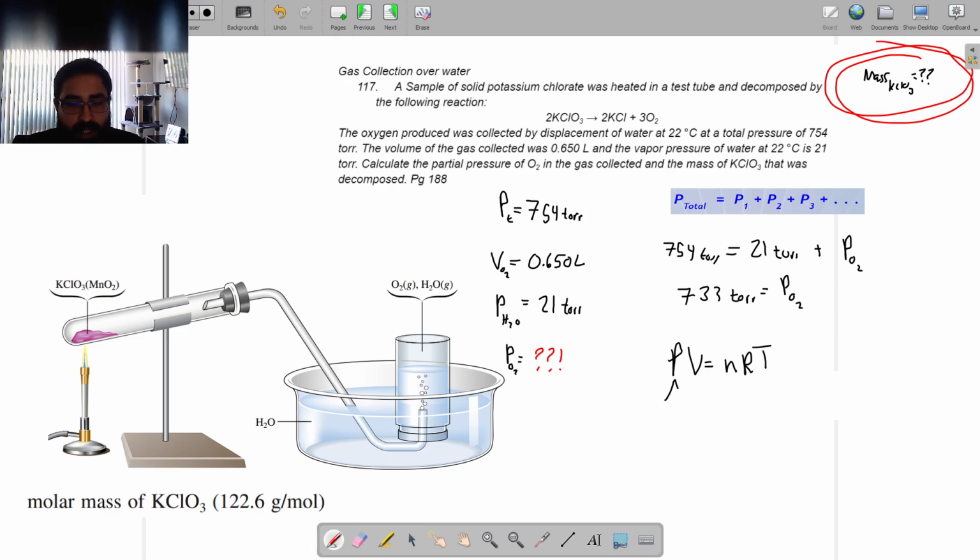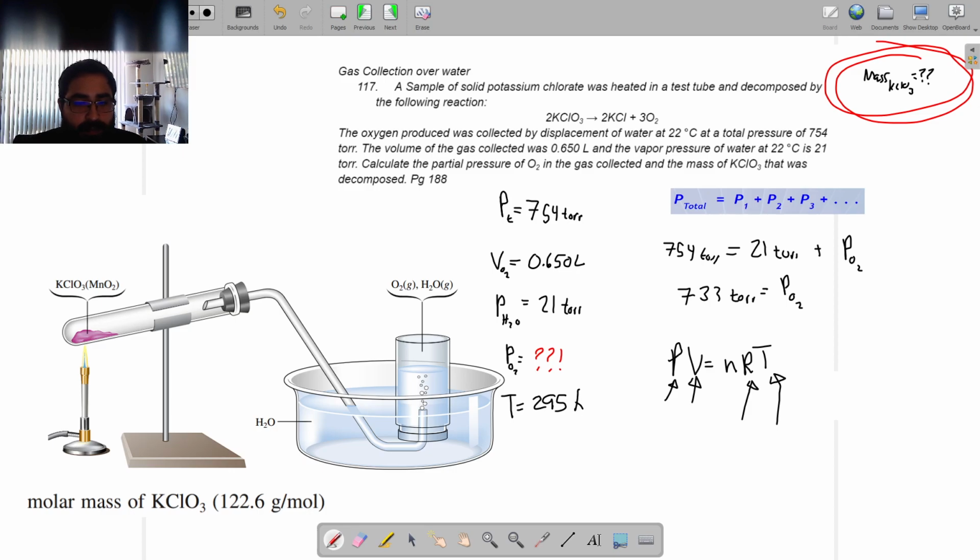We know the pressure of the O2, we know the volume of the O2, we know what R is, and do we know the temperature? It says 22 degrees Celsius. So the temperature is 22 plus 273.